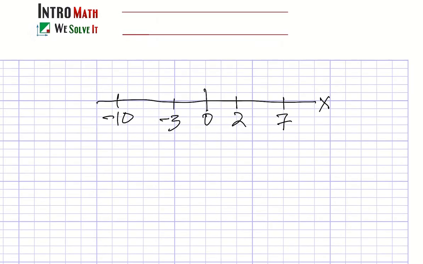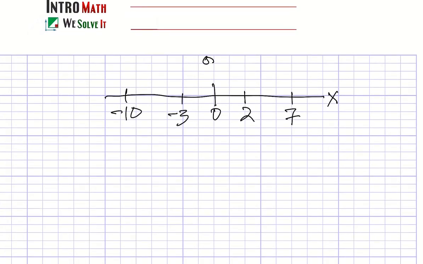Now, the concept of order, in the mathematical sense, is how you put things in order. It can also be called the order relationship between numbers.